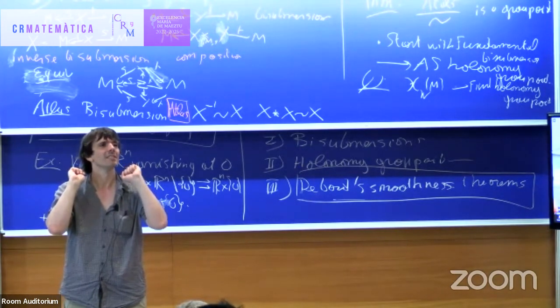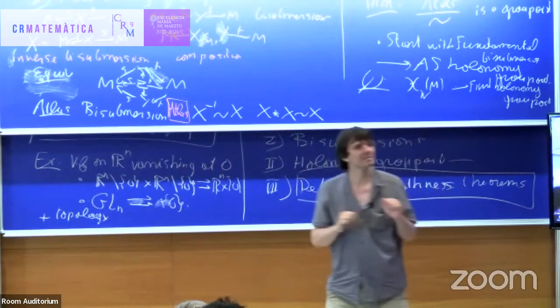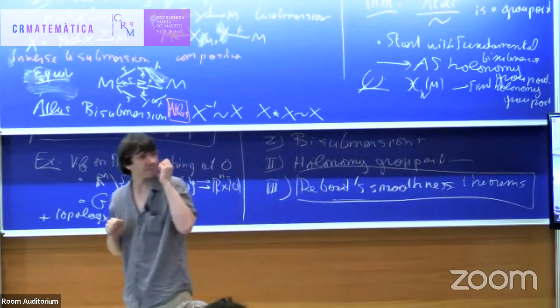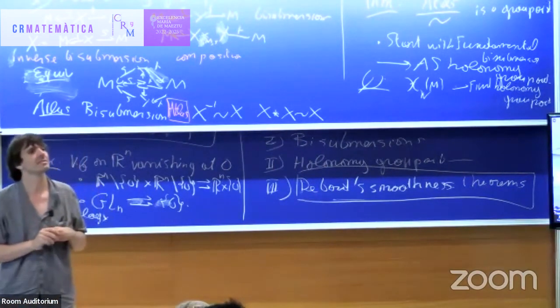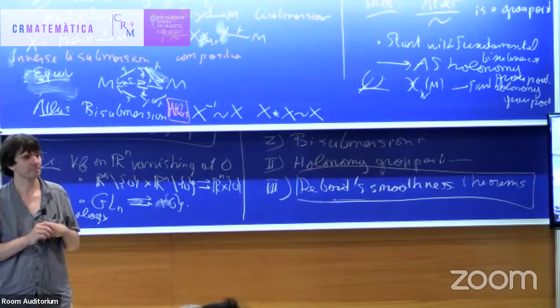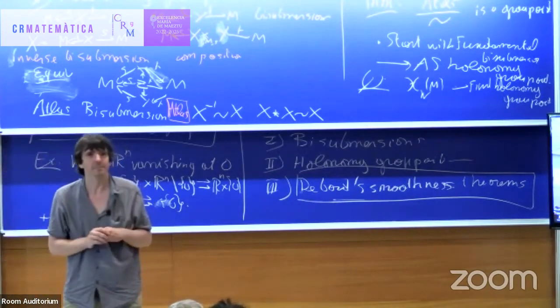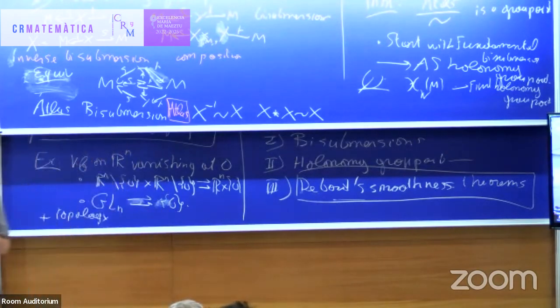If I can repeat your comment for the people that are online, I think your comment is that in your result with Orel Villatoro that Camille was mentioning, you used the almost Lie algebroid as a shortcut. Yeah, I agree.